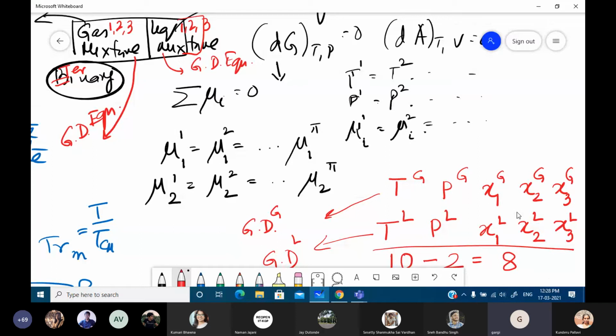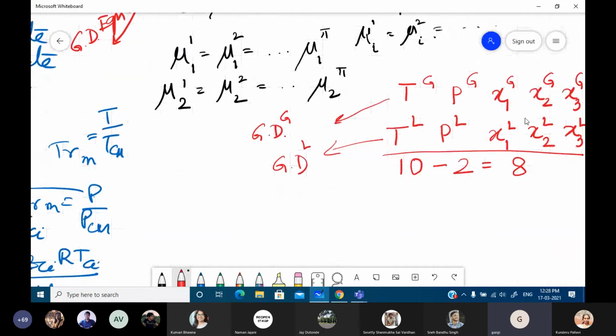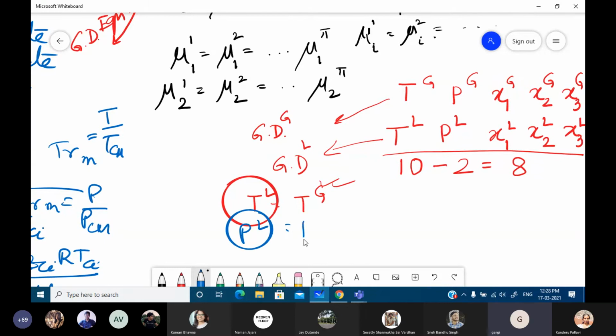Similarly, I'll just write down, there is one equation which tells you TL equals TG. So if you know TL, you can find out TG. One other equation tells you PL equals PG. So if you know PL, you can find out PG.